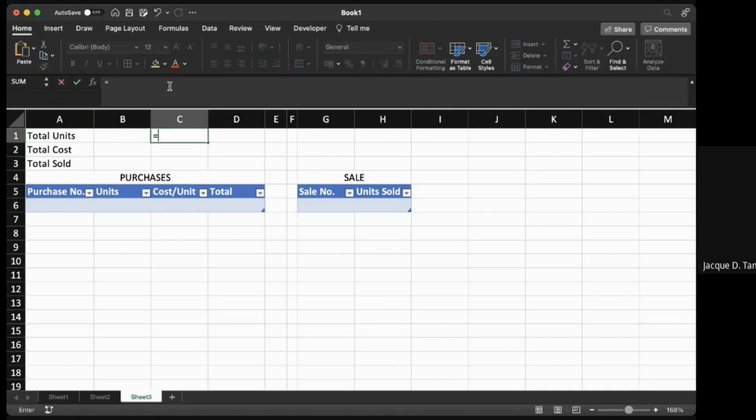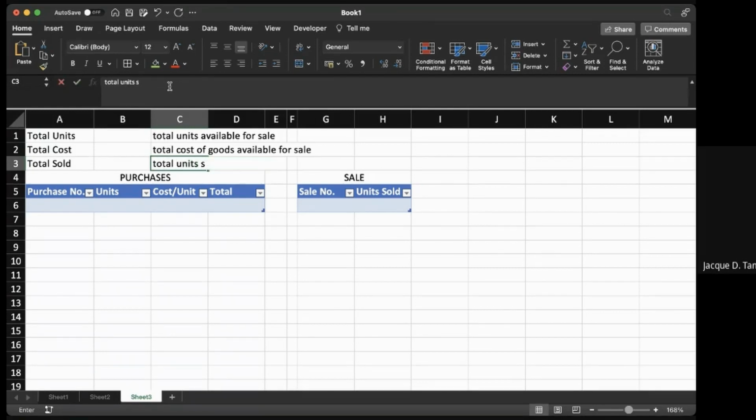Total units is equal to your total units available for sale. Your total cost is your total cost of goods available for sale. And your total sold is your total units sold.